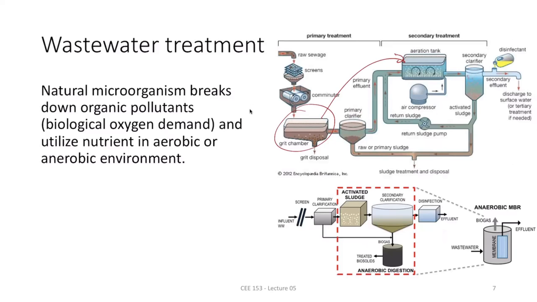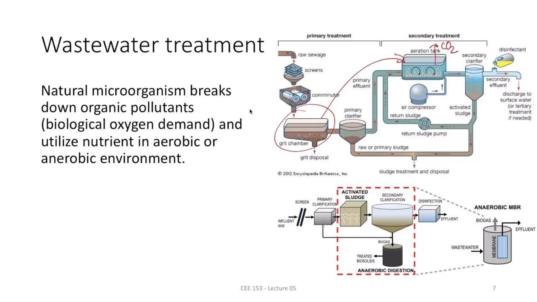We need oxygen to breathe. That's exactly the same thing for this aerobic bacteria. They breathe in oxygen and decompose the organics, which is oil and all kinds of organic stuff. Once they destroy that organic, carbon dioxide is emitted, and the rest will have lots of microorganisms because they are growing.